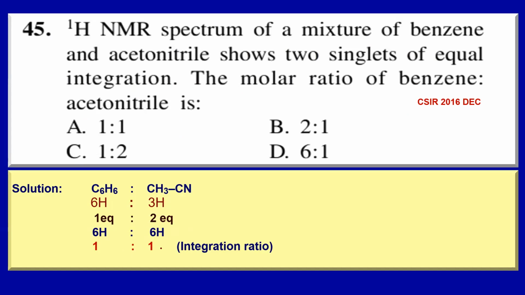Like this, it is a 1:1 integral ratio. But to get this, it should be 2 equivalents. So if you take 1 equivalent of benzene, you should take 2 equivalents of acetonitrile to get the 1:1 integral ratio. So naturally 1:2 is the answer.